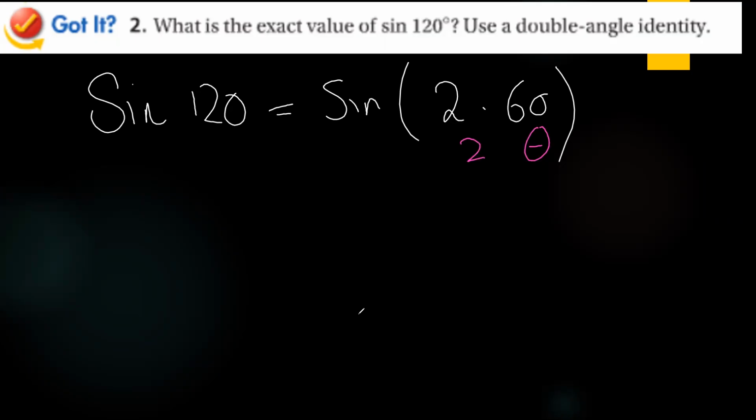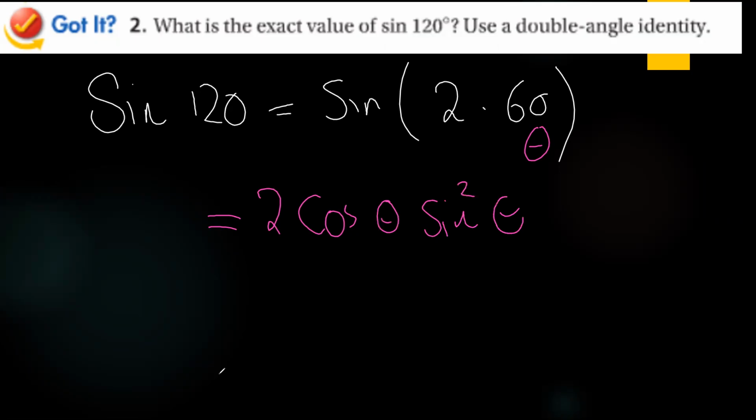Now remember, in order to find sine 2 theta, it is two cosine times sine.